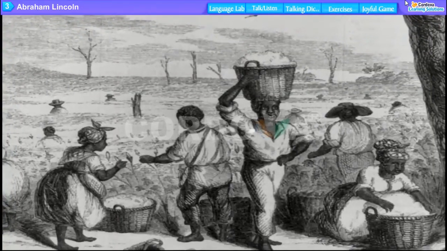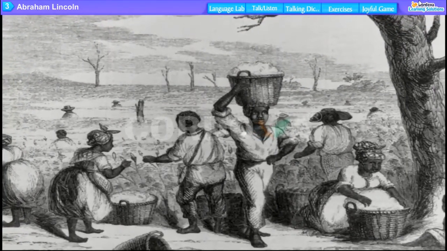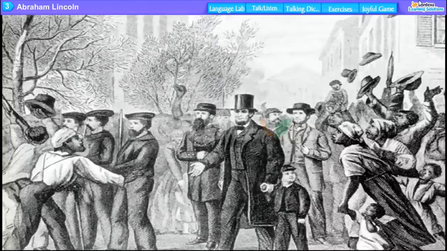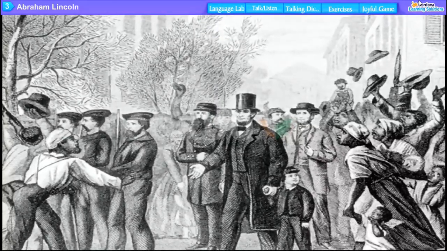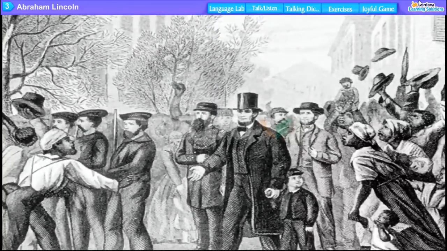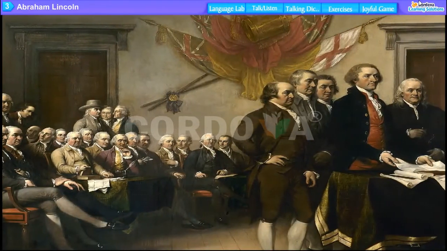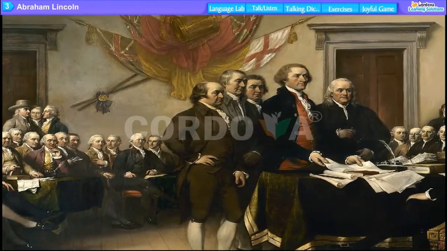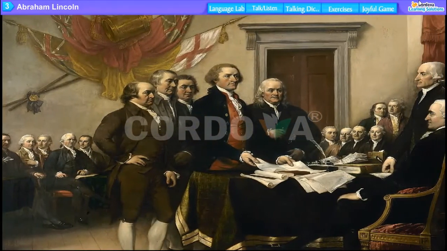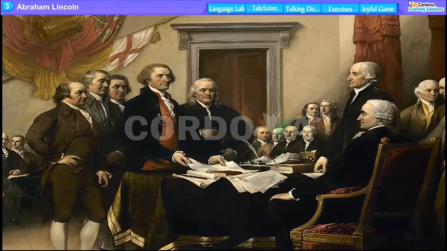They were kept as slaves. The people of northern states were against this practice of slavery and wanted to abolish it. The Constitution of America is based on the equality of man. Therefore, there was no place for slavery in that country.